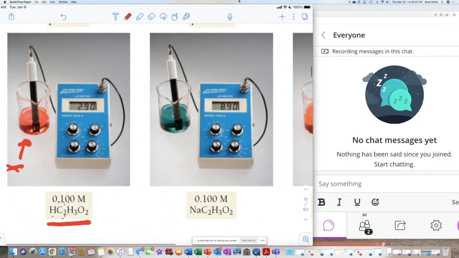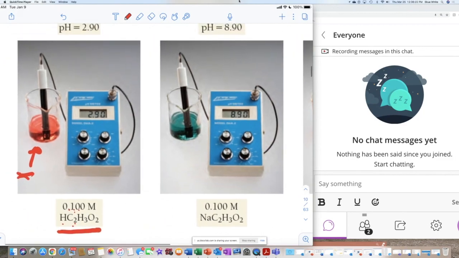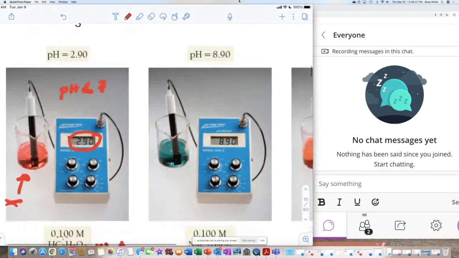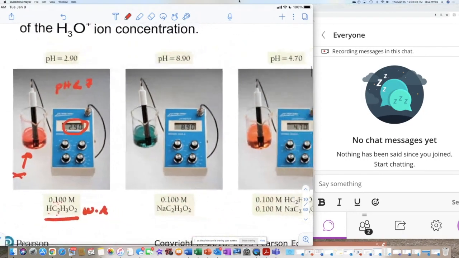This is a weak acid, acetic acid. The pH of the weak acid is 2.90. I also recognize the pH because acids have a pH that's less than 7. So 2.90, definitely acid, and it's a weak acid. This is the pH of the acid by itself.